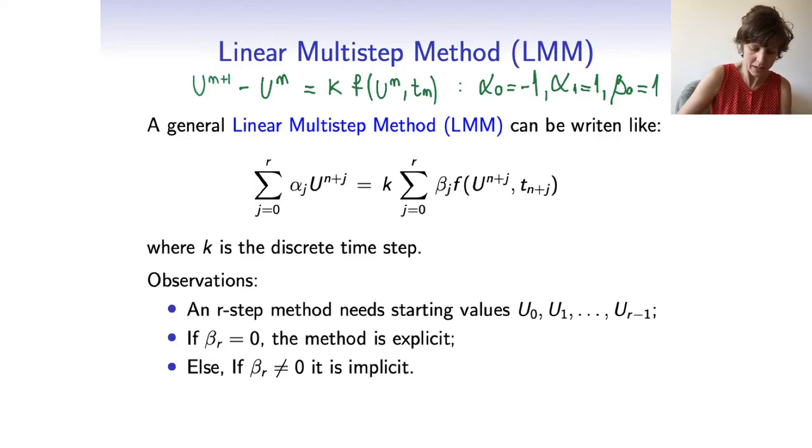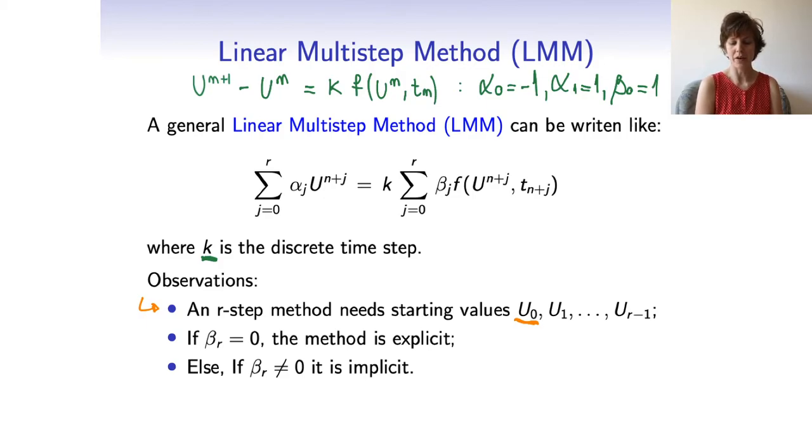Here k is the discrete time step, and an r-step method needs starting values u0 until u r minus 1. That's what I said before. In the case of the one-step method, we just need the u0 that, for the initial value problem, is given.